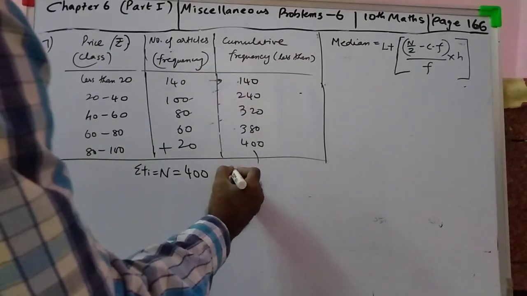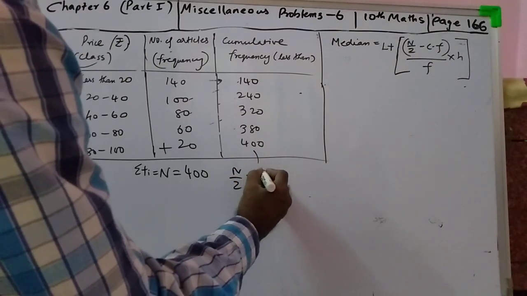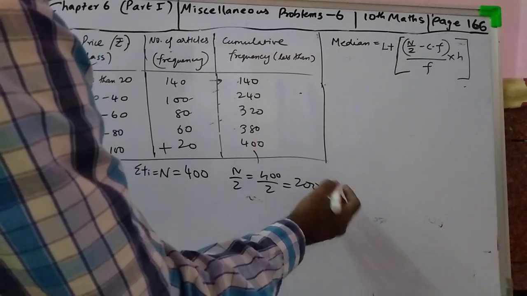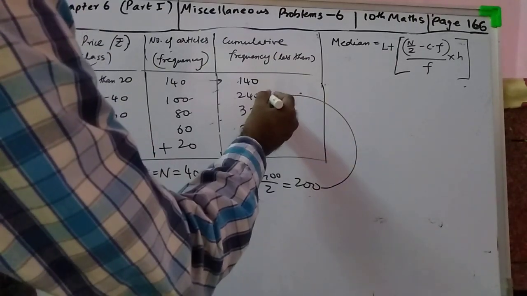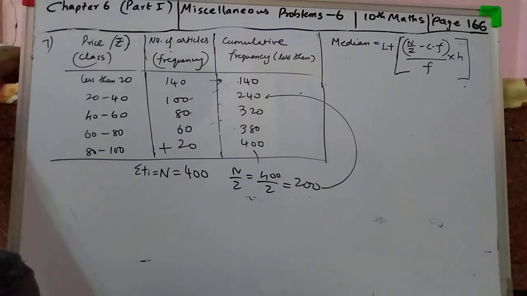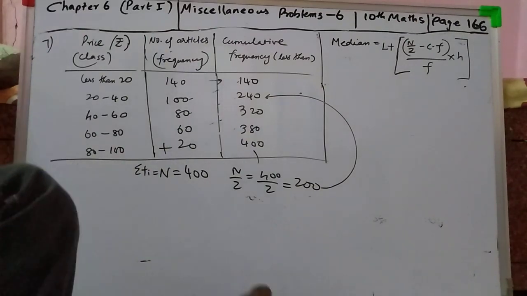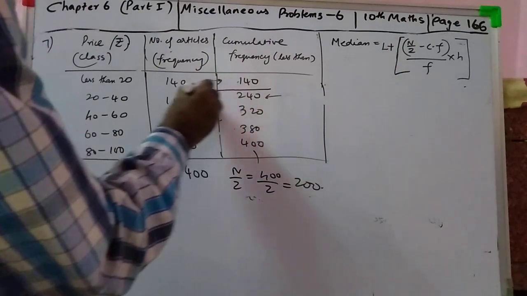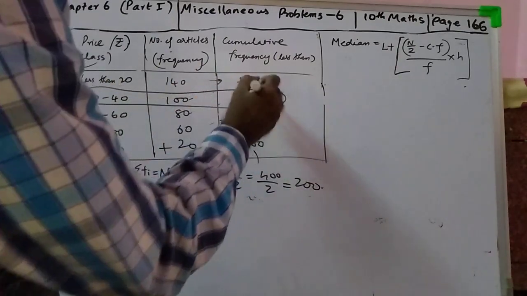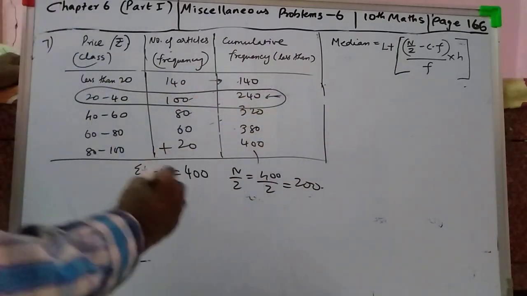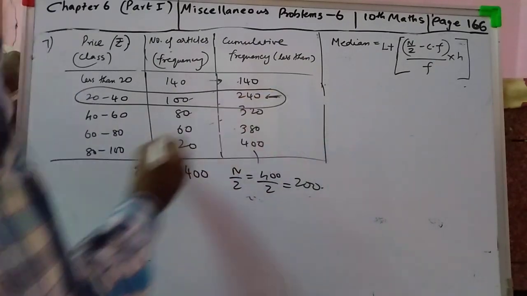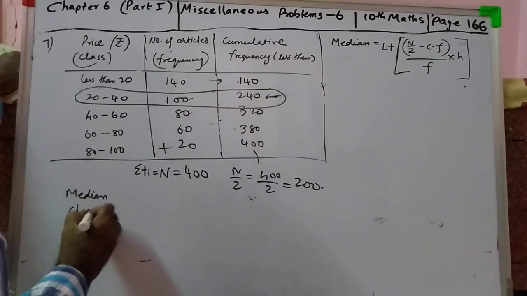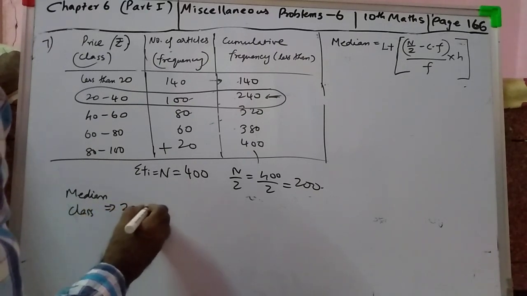Now let's calculate n by 2. n by 2 is 400 upon 2, that is 200. It will fit here. So this is the median class, 20 to 40.